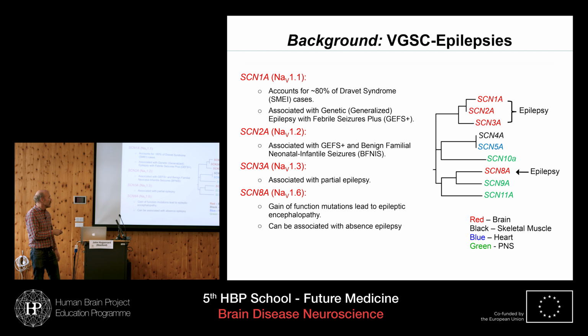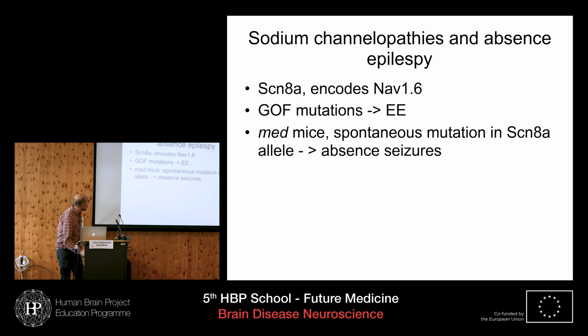With gain of function in this particular sodium channel, it leads to epileptic encephalopathy. But loss of this protein can actually be protective and can lead to absence epilepsy. And that's what I'm going to talk about now. So again, SCN8A, the gene, encodes NaV1.6.